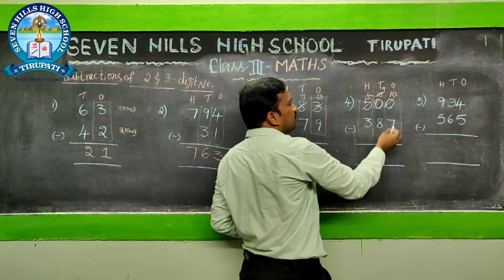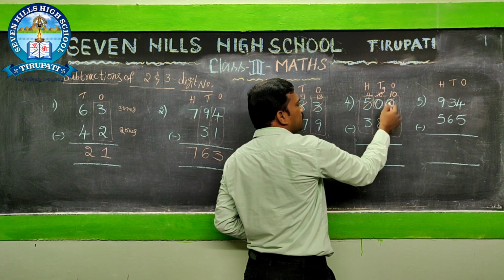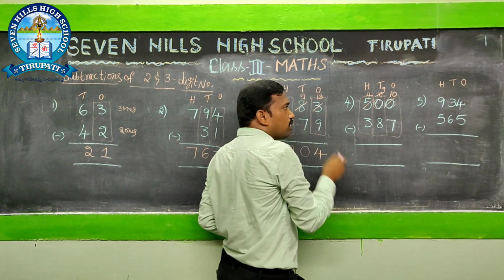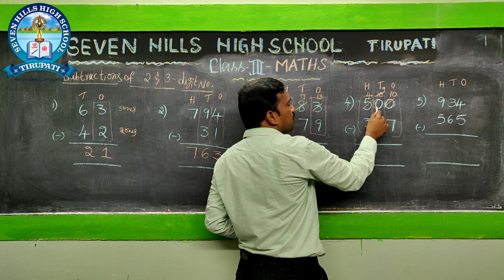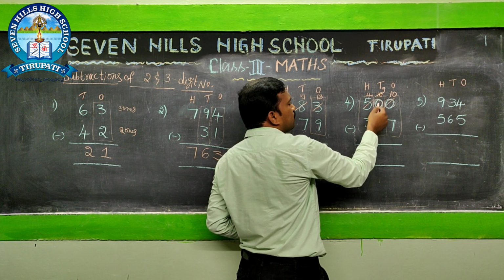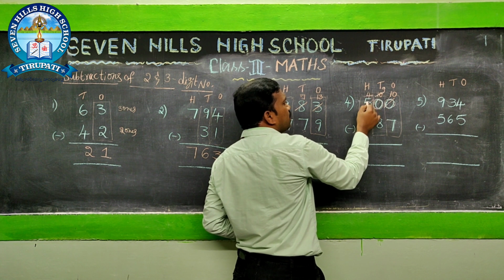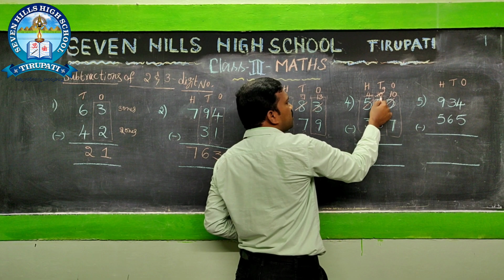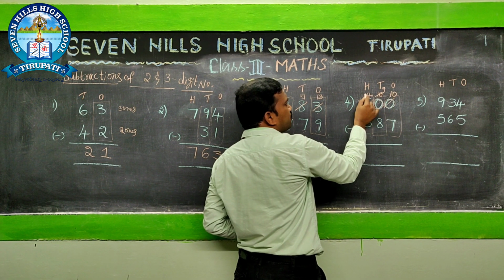Again I am telling, 7 cannot be subtracted from 0, so we take borrowing from the tens column, but the tens column is also 0, so we take borrowing from the hundreds column. 5 gives 1, the 0 becomes 10 and 5 becomes 4.